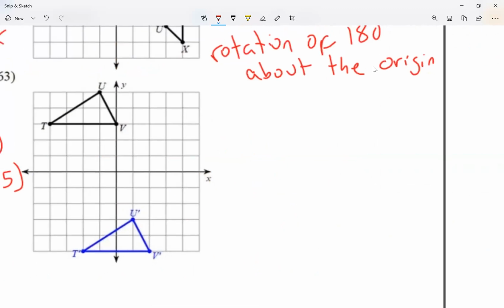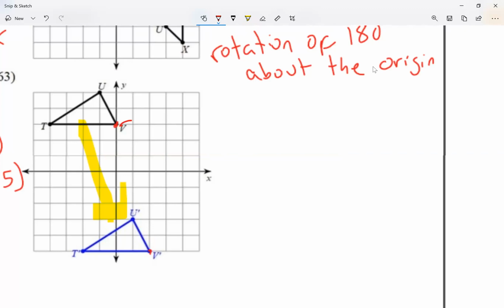Now, this one looked like it was translation, right? It looks like I started with this image and I just moved it a little bit to the right and then I moved it down. We'll follow a point. Let me follow V and then I'm going to get to V prime.